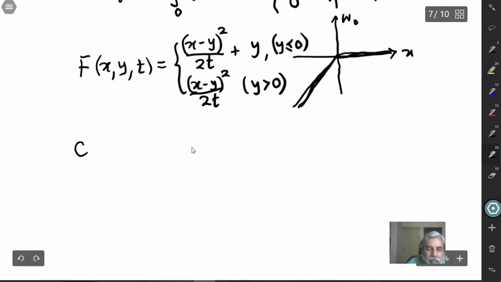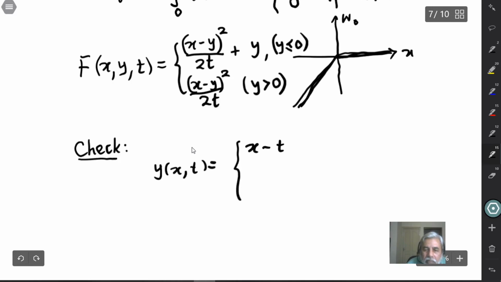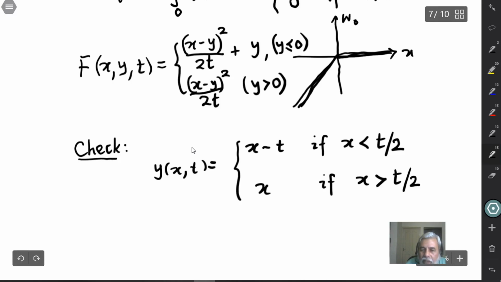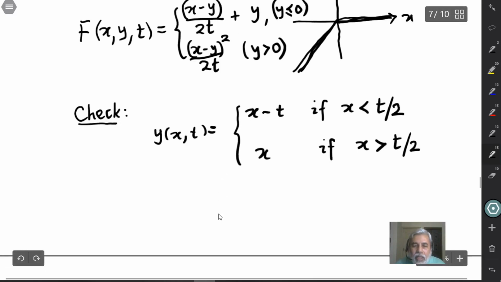So check: y of x t is x minus t if x is less than t by 2, and 0 otherwise.